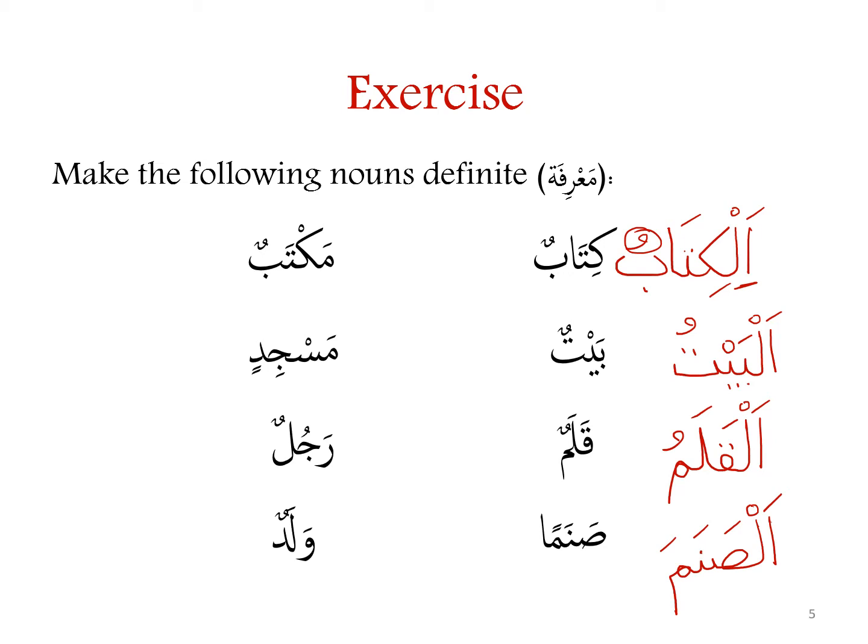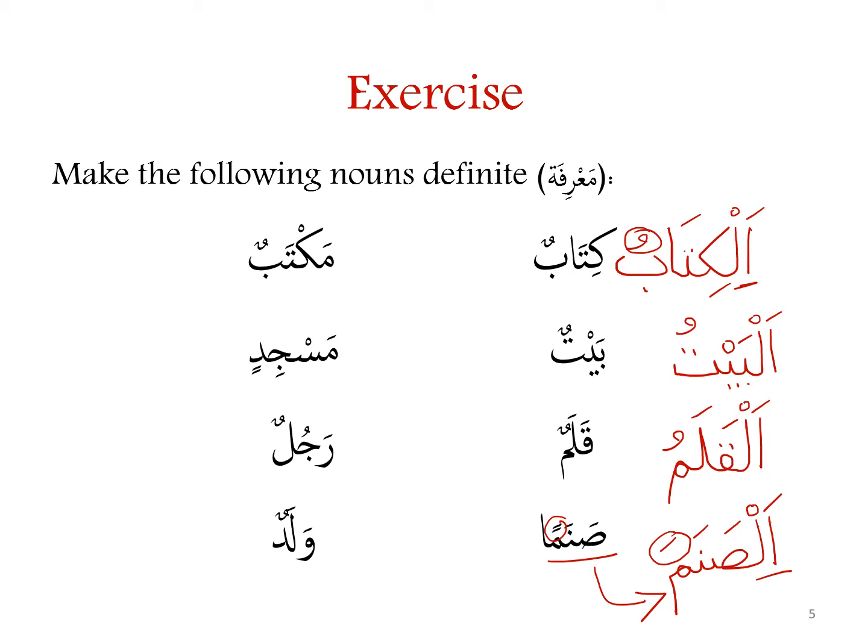So again here we added the alif lam, we dropped the tanween, made it a single fatha, and we still kept that fatha haraka. When we're turning this specific word, which is nakira, into ma'rifah, we have a tanween fatha, we keep the fatha. We don't say al-sanamu or al-sanami. We're just keeping it on the same haraka. Like I explained, the actual haraka itself, whether it's a dhamma, kasra or fatha, is something to do with the grammar.